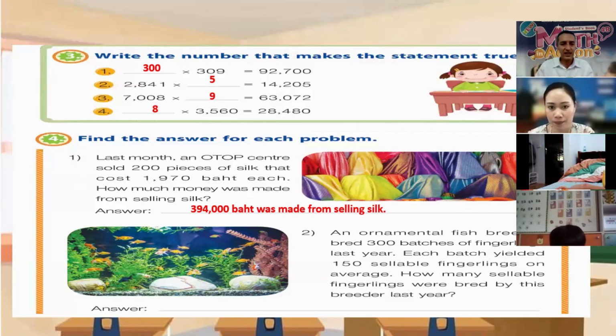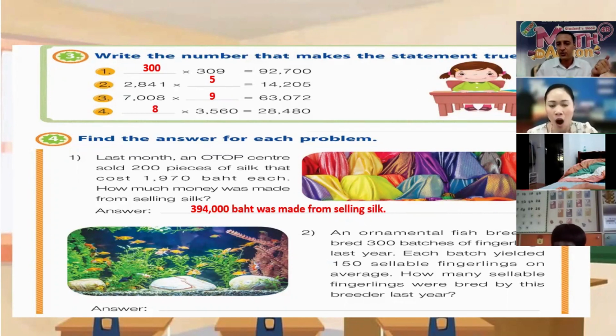So 1,970 multiplied by 200 is equal to 394,000 baht. So that's our answer. 394,000 baht was made from selling silk. Just clarify the problem and find the solution, the calculation, which method you are going to use.